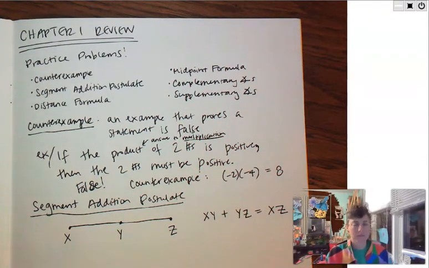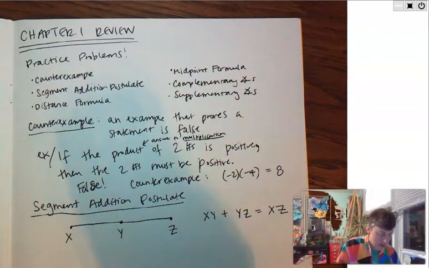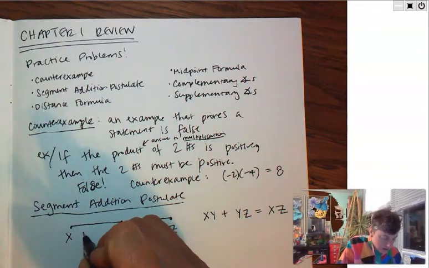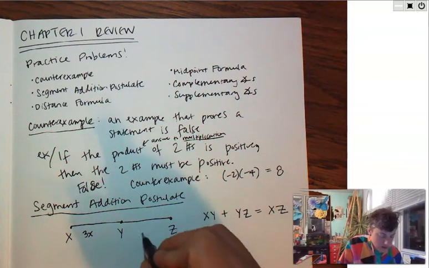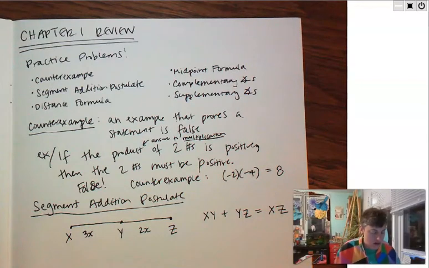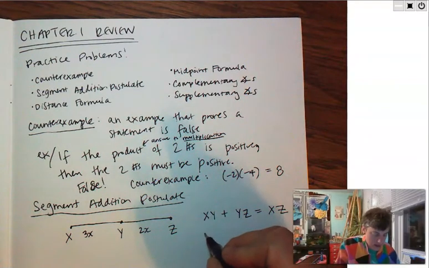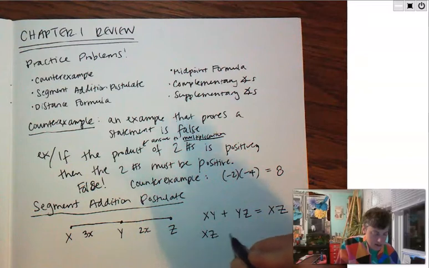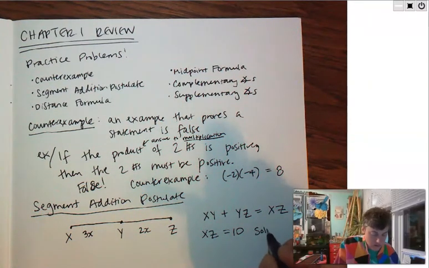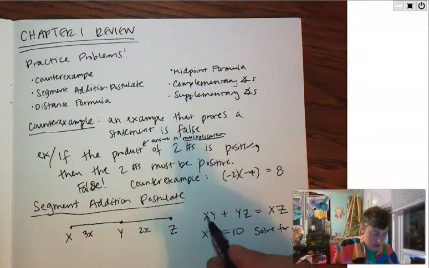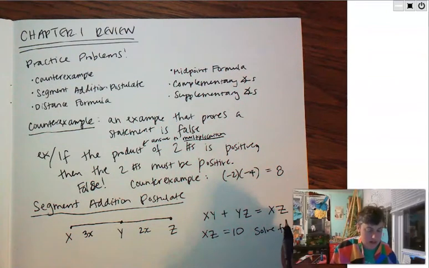XZ. So, for example, if XY was 3x and YZ was 2x, and I knew that XZ equaled 10, I could solve for x by saying XY plus YZ equals XZ.